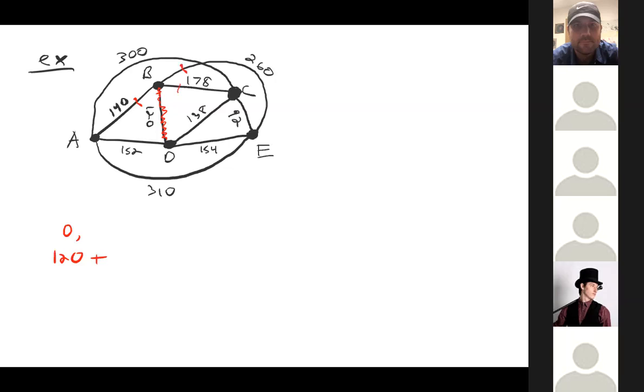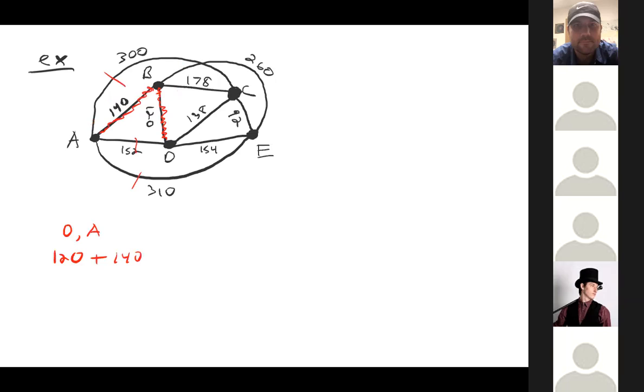So I started at city D. I go to B. The shortest looks like it's 140 right here, right? Yeah, the shortest one. So I'm going to go along that. That's 140, and that takes me to A. Now for A, I've got 3 options. It looks like the 152 is the shortest one, but I don't want to take the 152.